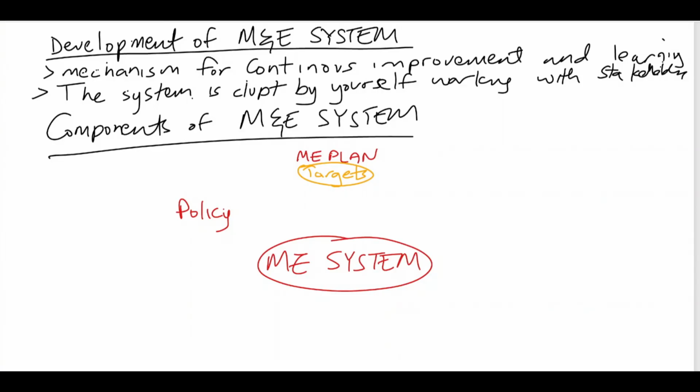Another thing the policy statement may say is that when it comes to implementation of M&D activities, 10% of the overall budget must be devoted to M&D activities. That's a policy statement.